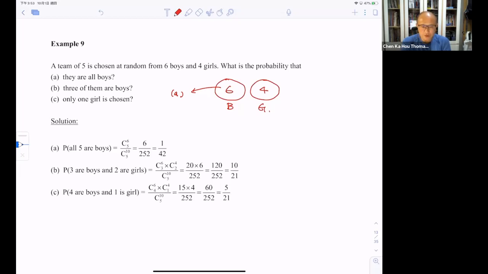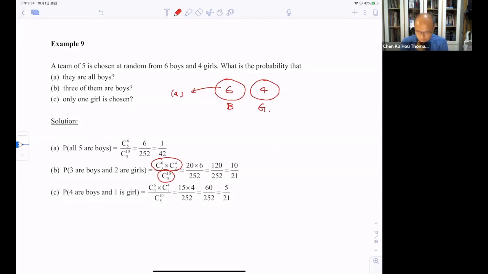Three of them are boys, so 3 are boys and 2 are girls. We use this expression: 6C3 represents the boys, 4C2 represents the girls, and the denominator is 10C5. 10C5 means that if you disregard gender, you just randomly choose 5 people. So the answer is 10/21.